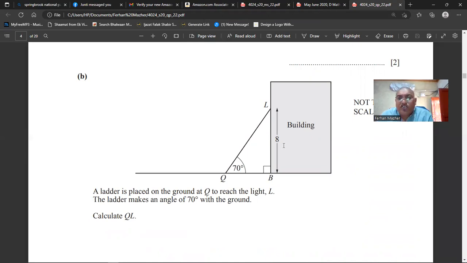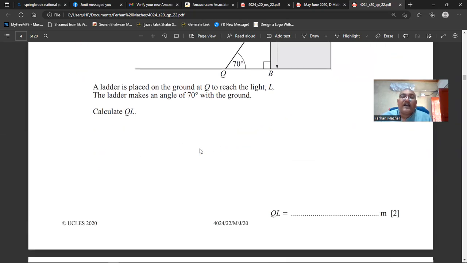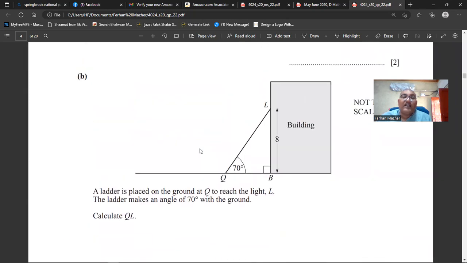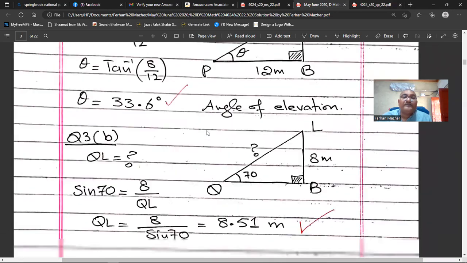So the trigonometric ratio which relates the opposite side, or the perpendicular, to the hypotenuse is called sine theta. So sine of 70 will be equal to the perpendicular 8 divided by hypotenuse. And from there, I will be able to find out the QL value.